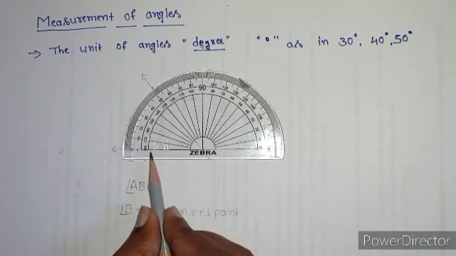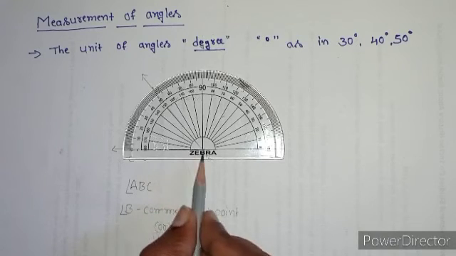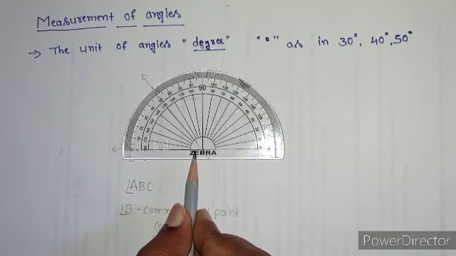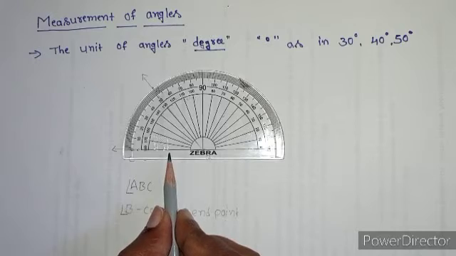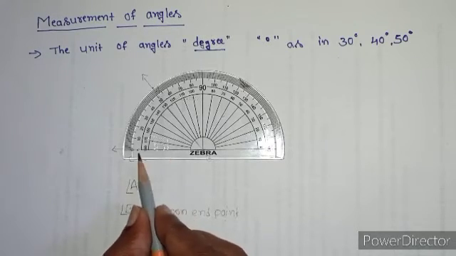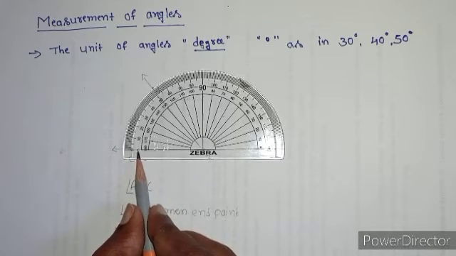This is the baseline of the protractor. Next we need to check the scale where the baseline arm points at 0 degree. This is 0 degree.